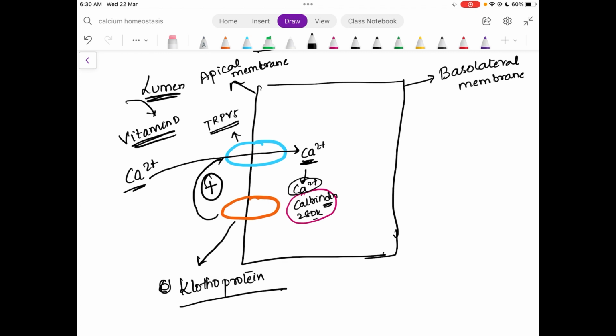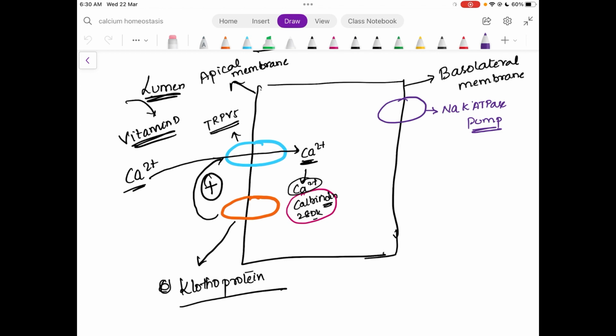Okay. How is this calcium absorbed into the distal convoluted tubule cell? Again, by the concentration gradient. Here comes a major important transporter called the sodium potassium ATPase pump. This sodium potassium ATPase will help in transport of calcium from the lumen to inside the distal convoluted tubule cell.